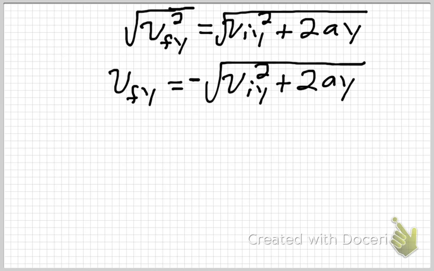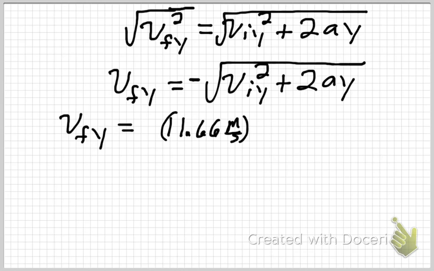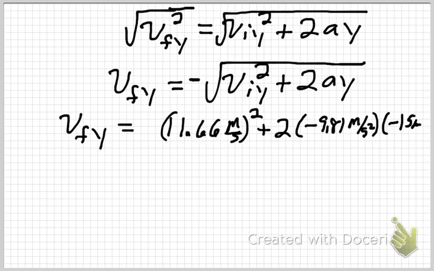And now for my numbers with my units. So velocity final in the y equals, I have 11.66 meters per second. Square that. Use parentheses because not just the number is squared, but the units are also squared. Plus 2 times negative 9.81 meters per second squared, times negative 15 meters.